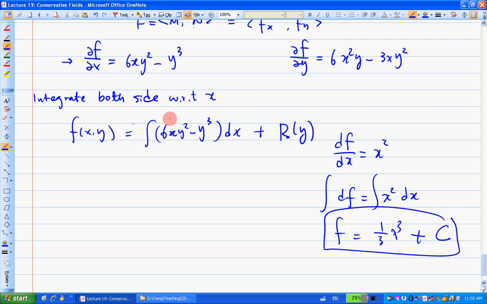That's called the antiderivative concept. And if this is just a function of y, then the derivative of a function of y with respect to x is always 0. Okay? Is that okay? Any questions on this part here?